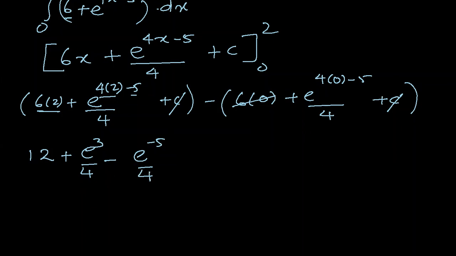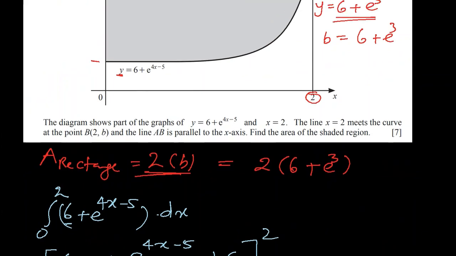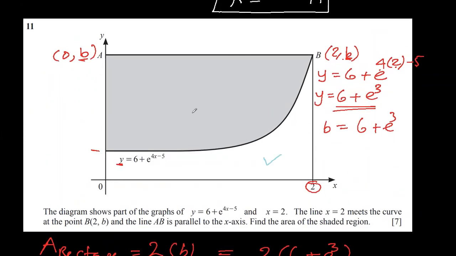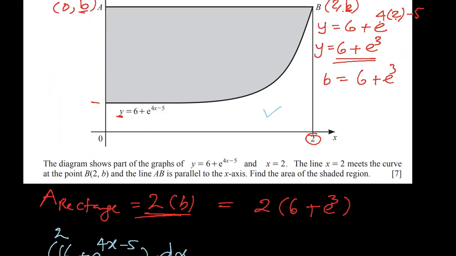This is the value of the area under the curve, which is the white part. So rectangle's area minus this will give us the shaded part.